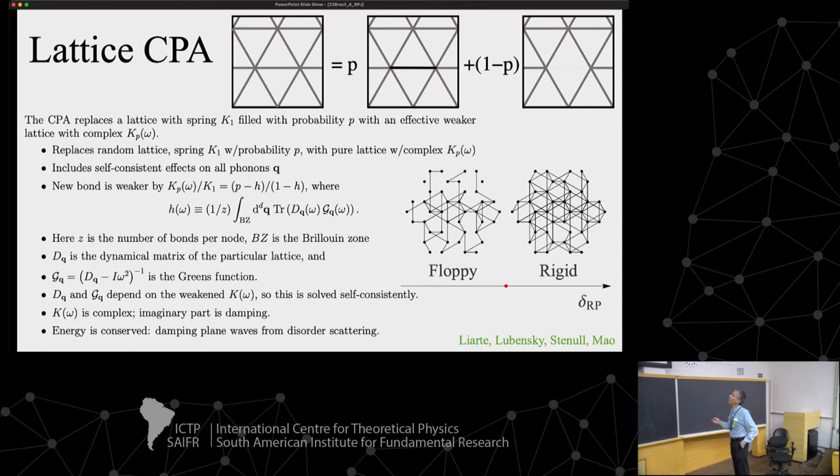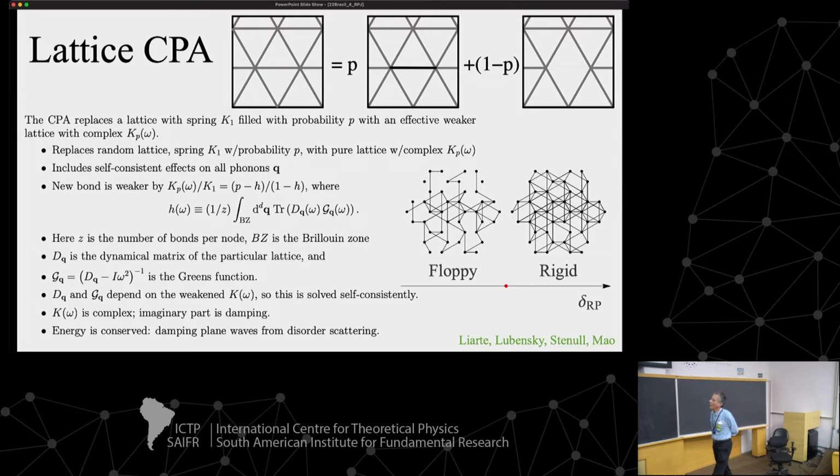And these frequency-dependent bonds will be produced by writing the weak lattice as a sum of P, the probability of a given bond being in the lattice, times the weak bonds surrounded by the original frequency-independent stiff bond, plus 1 minus P, the fraction of no bonds, times a lattice without a bond.